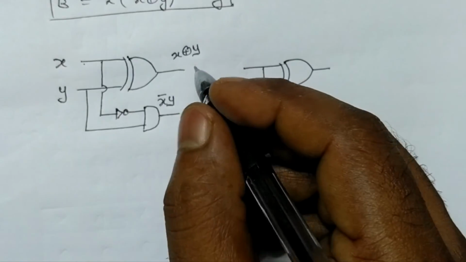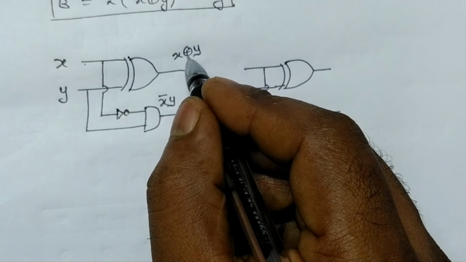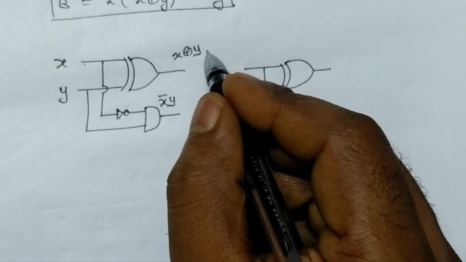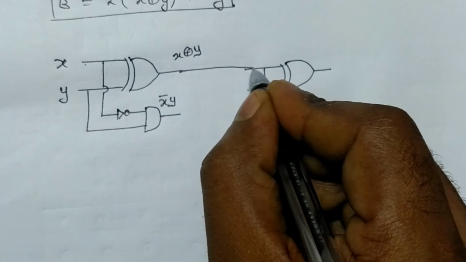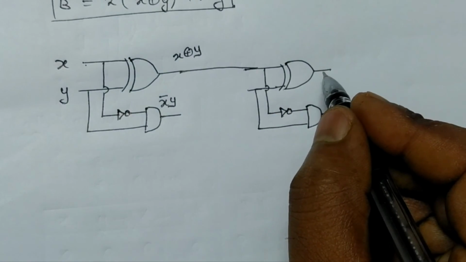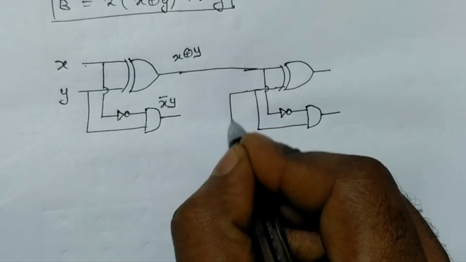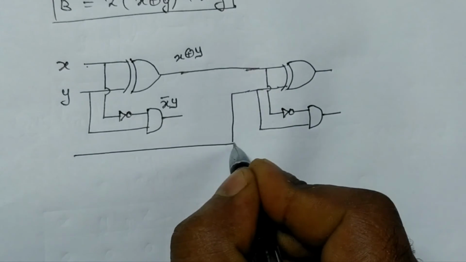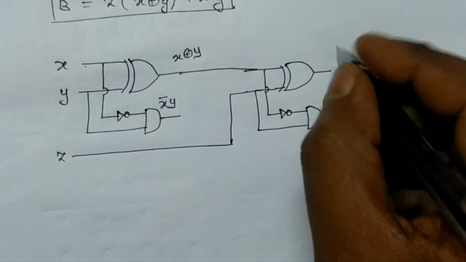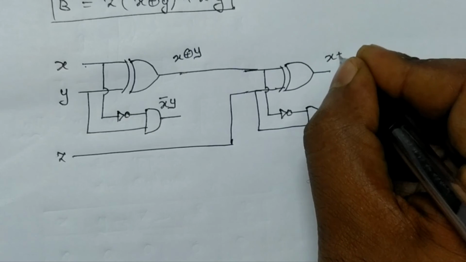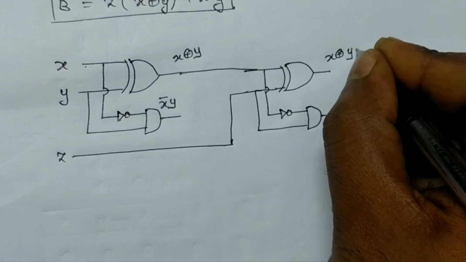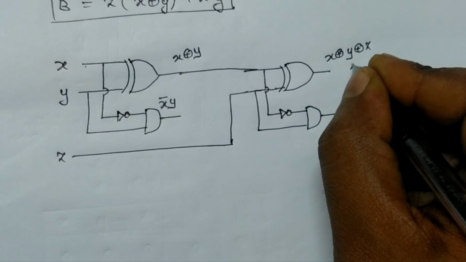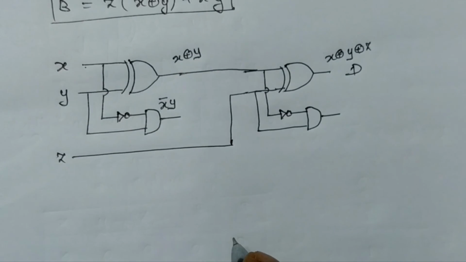So here already we are having x XOR y, which is connected to the second XOR gate with another input z. So now here which will be equal to x XOR y XOR z, which is nothing but difference.